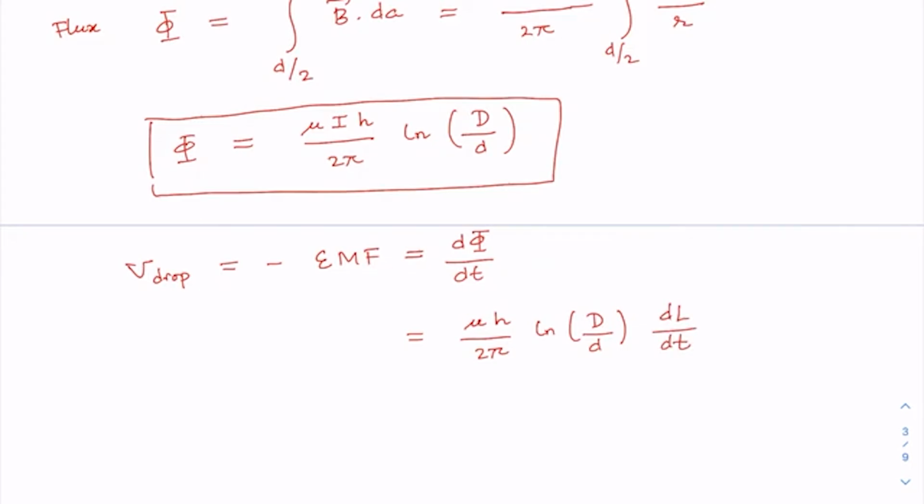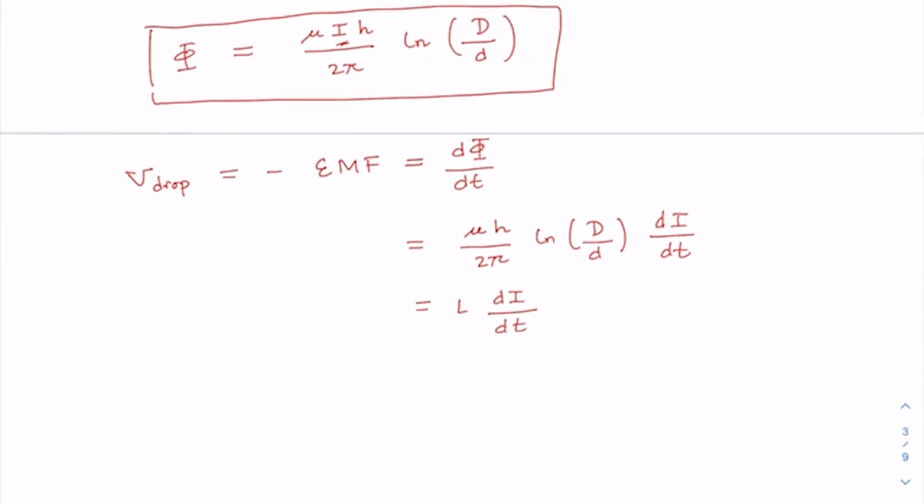Oh, sorry, di dt, right? Because this is the current, I have di dt, and this EMF is actually equal to L di dt. Voltage drop across the inductance is L di dt. So if I compare it, this will immediately give me the total inductance. That would be L is equal to mu h divided by 2 pi logarithm of capital D by small d.